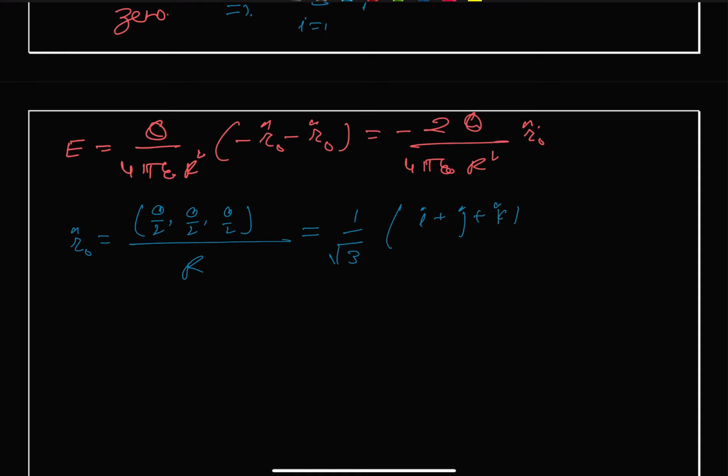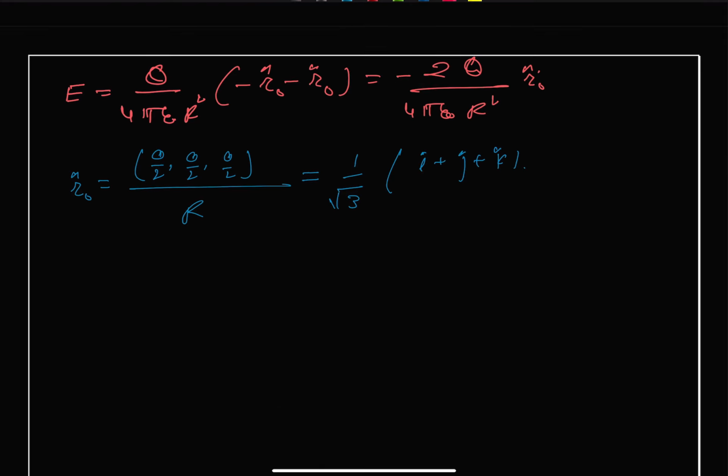Substituting the value of the r unit vector, we get our net electric field equal to minus 2q divided by 4 pi epsilon naught r square, multiplied by 1 by root 3 times the i, j and k unit vectors.